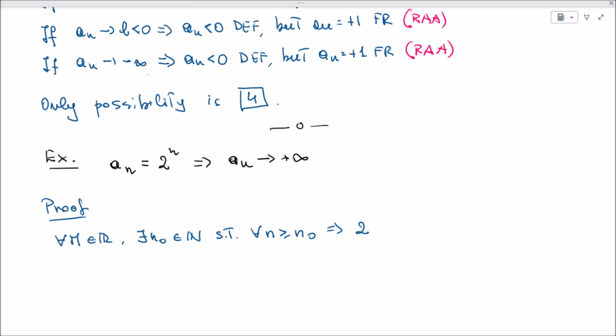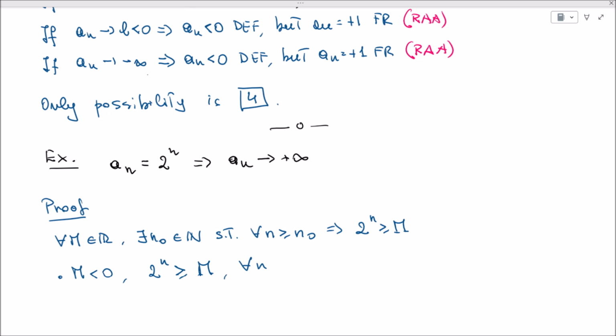Okay, so clearly if we pick m less than 0, well, this is child's play, right? Because we know that 2 to the n, of course, is going to be larger than m, because 2 to the n is just a positive number. So this is true for every n. Let's see what happens instead if m is larger than 0.